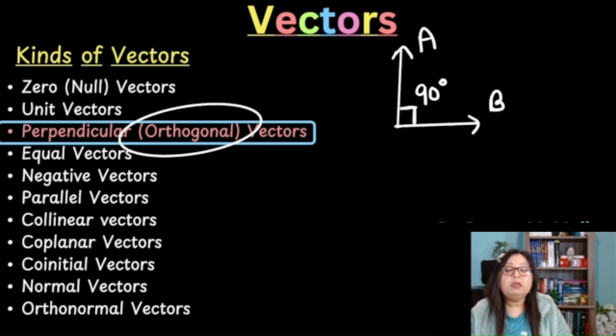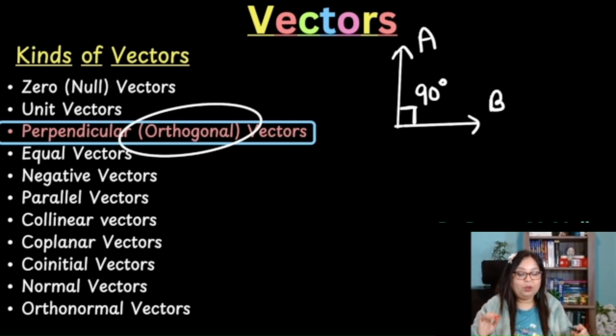Orthogonal is a synonym for perpendicular. Just on the last slide, we looked at unit vectors i hat, j hat, k hat. Those vectors are mutually perpendicular to each other. They are orthogonal vectors, right? Okay, so now we know what zero vectors, unit vectors, and perpendicular or orthogonal vectors are.